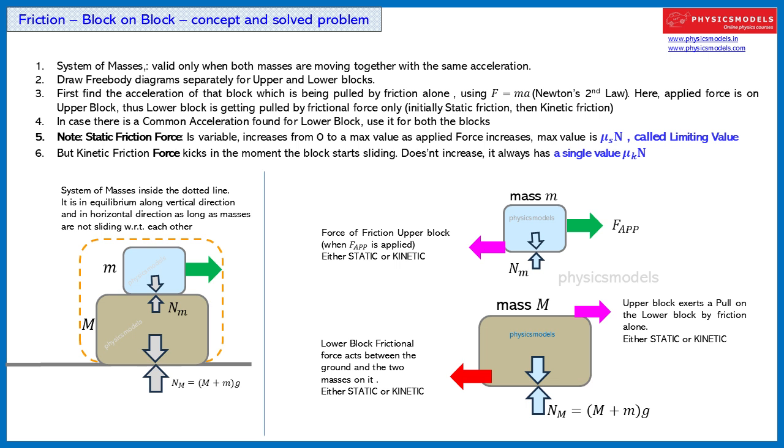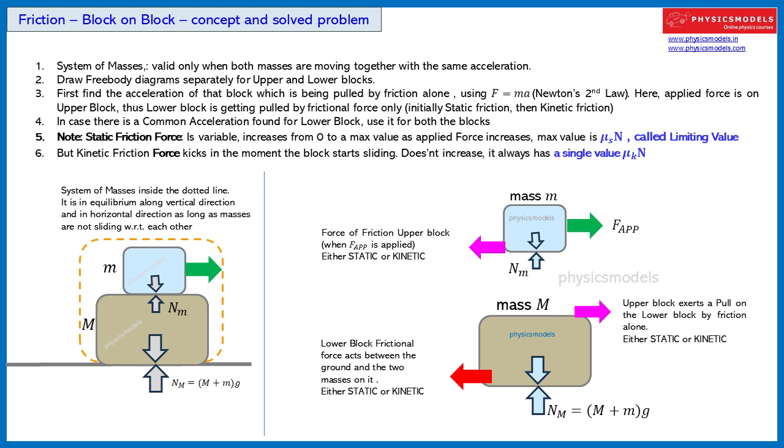The green arrow is the applied force on the upper block, and what's resisting that is the frictional force shown as the pink arrow that's acting between the upper and lower block. For the lower block, the forward acting force is the pull force of the upper block, which is dragging the lower block forwards.